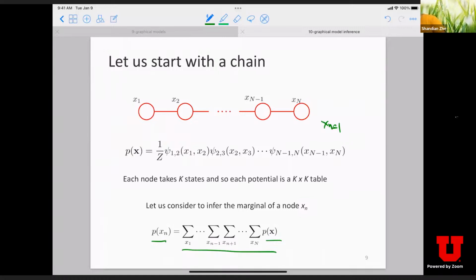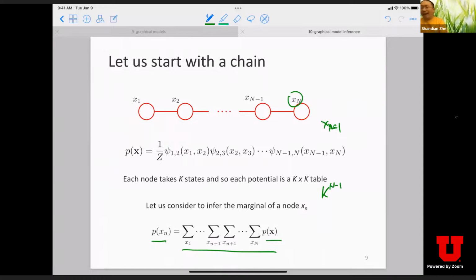So you have big N variables. If you take a particular value of xn, say 1, you have to enumerate all combinations of all the other variables' values. Each variable can take k possible values, and you have big N minus 1 remaining variables. So you get k to the power of N minus 1 possible combinations.